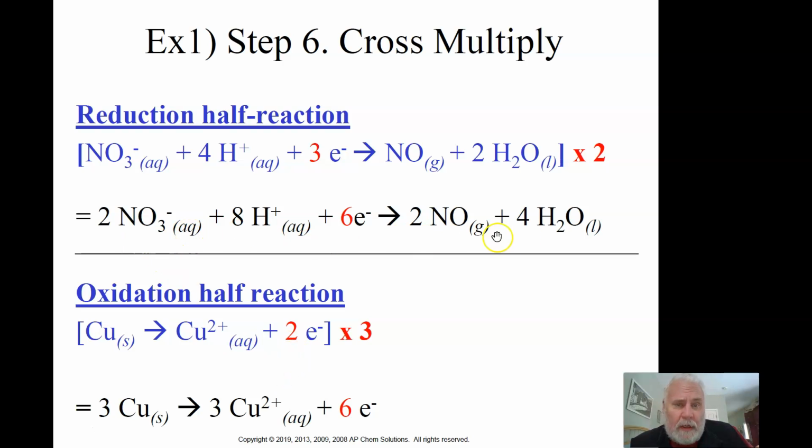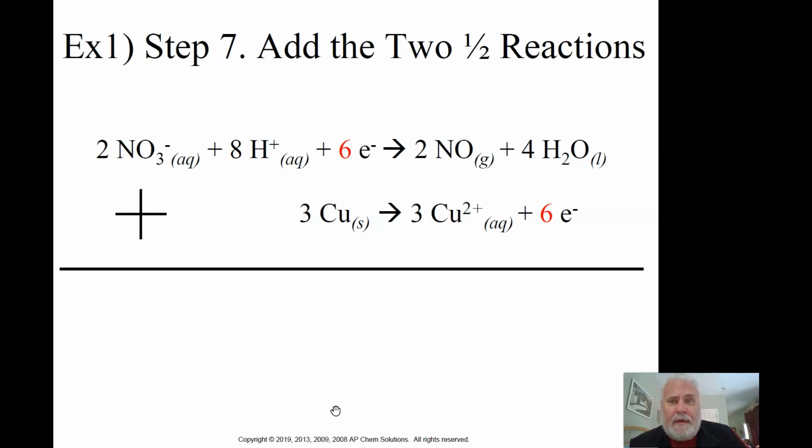Okay, so now you have rewritten so that we can stack them right on top of each other, and this is a new step. So you're going to say step 7 when you're doing your problem. You're going to write the revised oxidation and the revised reduction reaction.